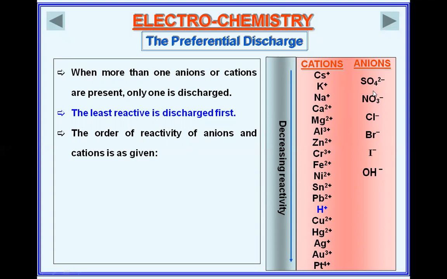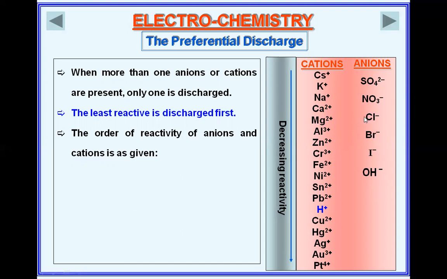The negative ions like sulfate and nitrate cannot be discharged at the anode at all, because sulfate and nitrate cannot be decomposed through electric current. But if we have two different ions in the solution like chloride and hydroxide: if the chloride ion has more concentration, then chloride ion is discharged at the anode in the form of chlorine, or bromine or iodine.